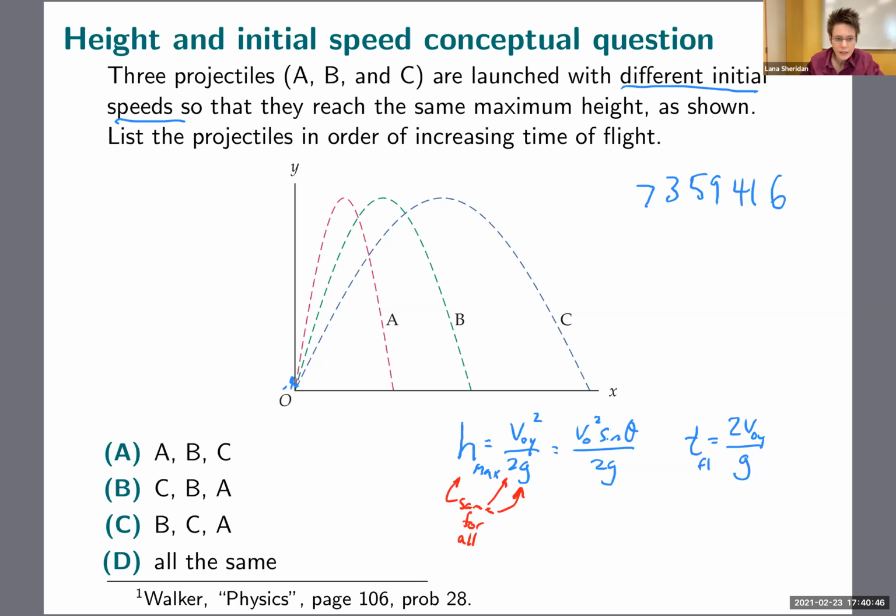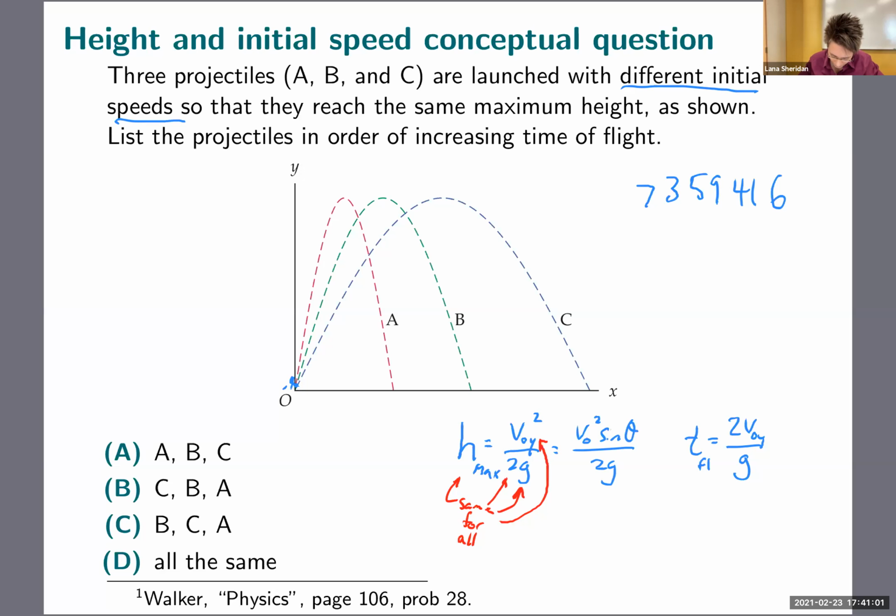So then the only thing that is free at this point would be V0Y. Well, that must be the same for them all as well, right? Because the left-hand side has to equal the right-hand side. So what's this telling us?